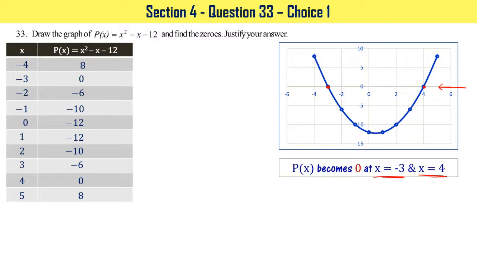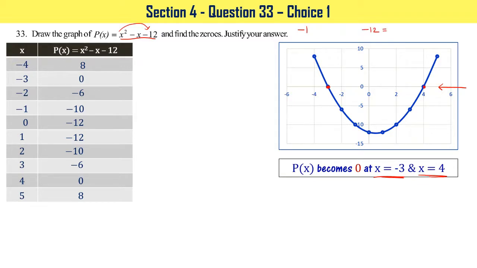The reason is fairly simple. If you look at this equation, x square minus x minus 12, we know that using the split the middle term method, the middle term coefficient is minus 1, and the product of the other two coefficients is 1 times minus 12, that is equal to minus 12, right?